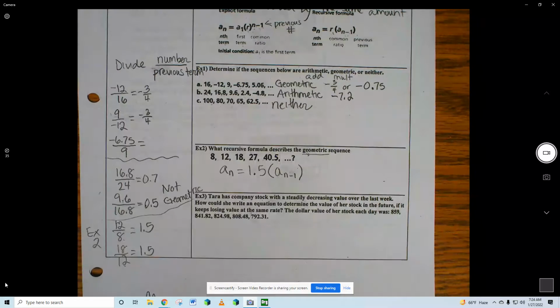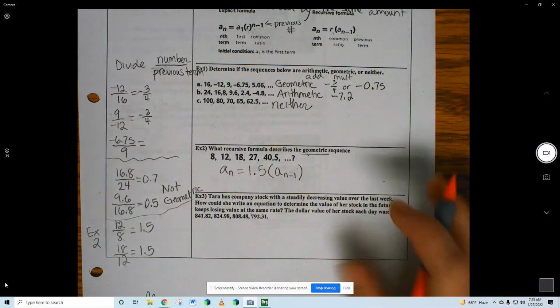So this is us first figuring out what's the common ratio. It's going to be like the number before it.